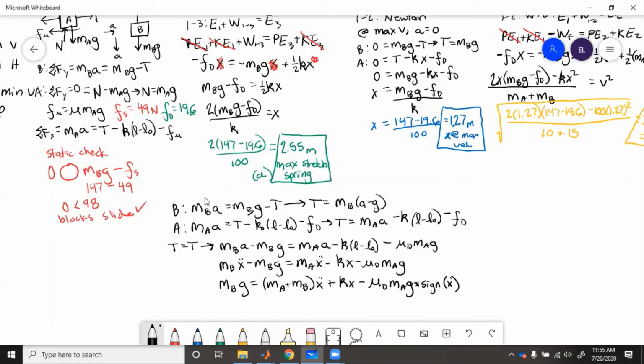So if we look at what a graphical representation of this would be, first we can solve for acceleration.